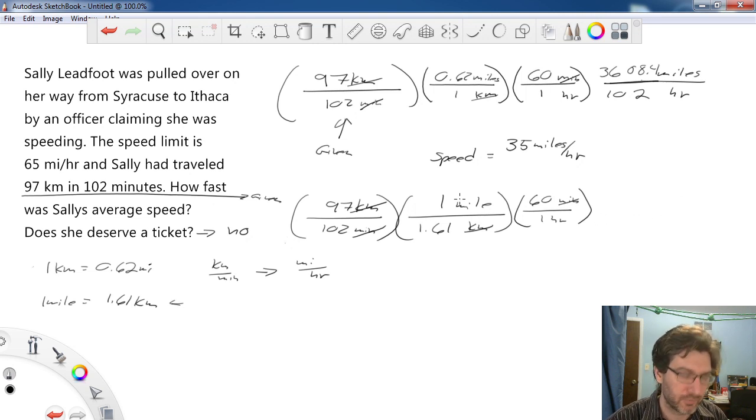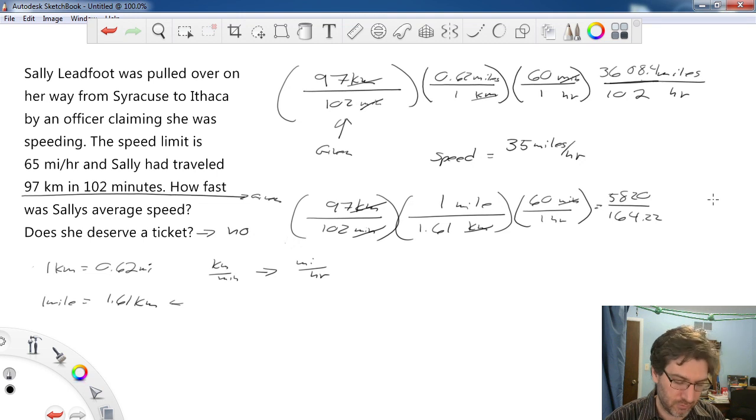Let's see how well this works out. 97 times 60 gives us 5820 over 102 times 1.61, which gives us 164.22. Divide those: 5820 divided by 164.22, and hopefully we're getting something close.